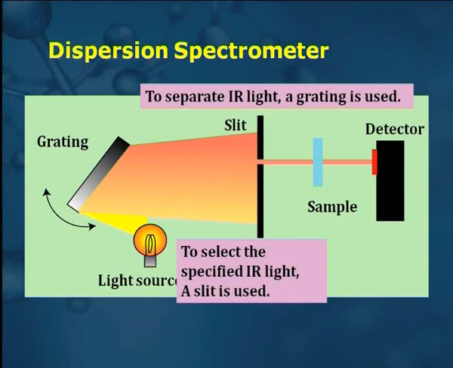On the left hand side a grating is used, which is used to separate the IR radiation, and then that IR radiation falls upon a slit. To select the specified IR light, a slit is used. So a particular wavelength of light passes from this slit, falls upon a sample, then the detector will detect and analyze the sample. So this is the basic arrangement of the dispersion spectrometer.